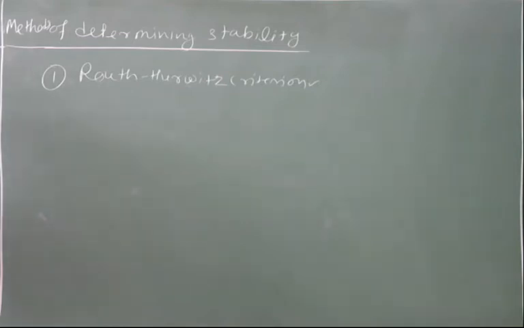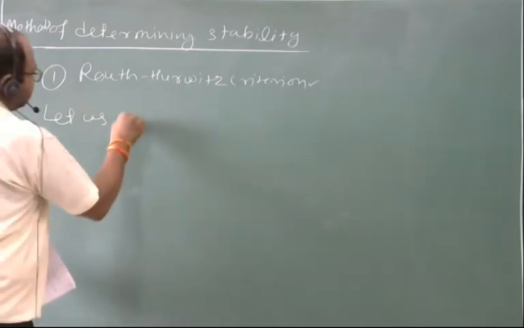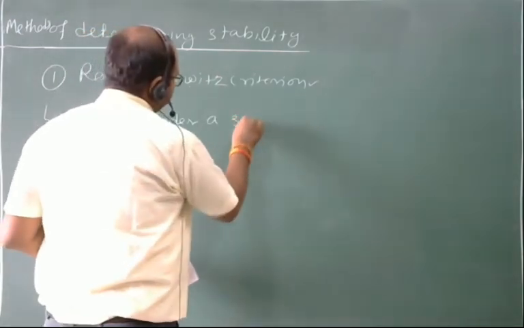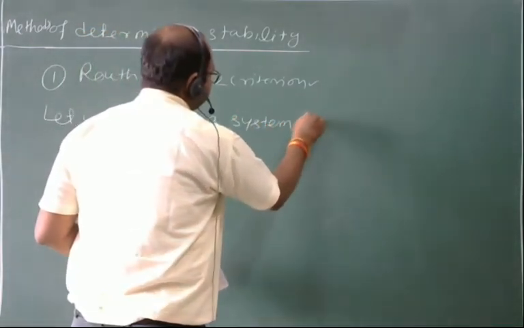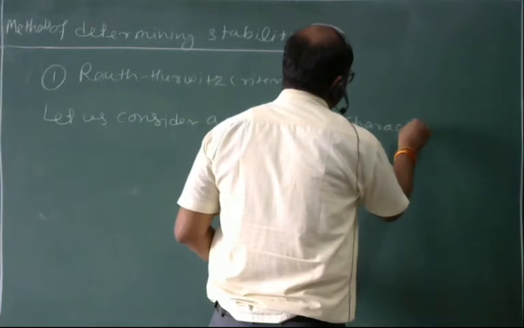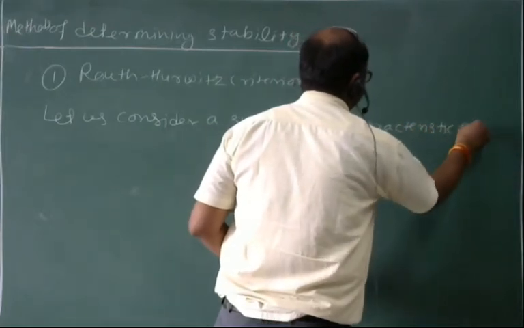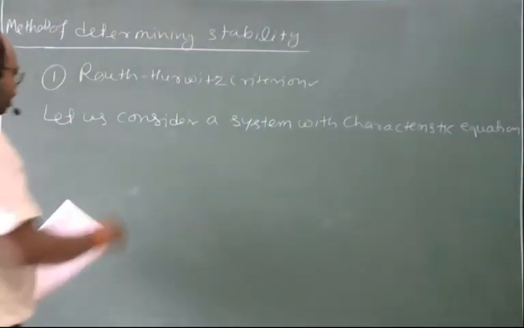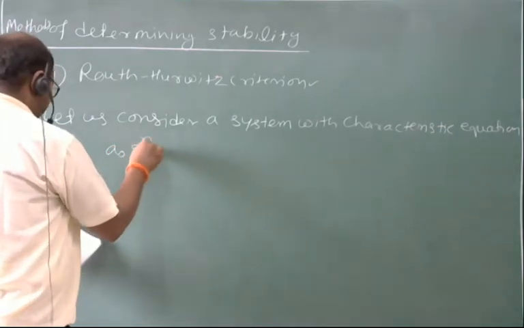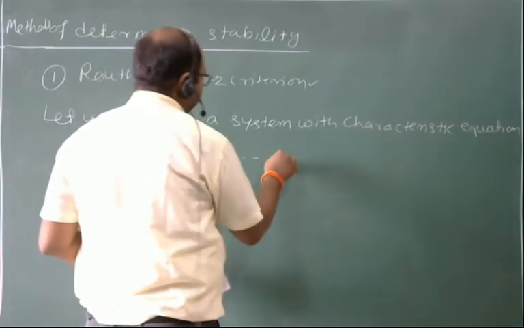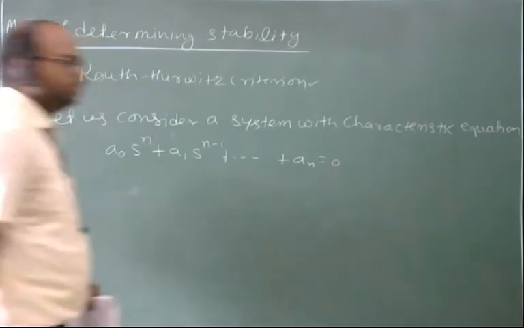Let us consider a system with characteristic equation like a naught s raised to n plus a1 s raised to n minus 1 plus dot dot plus an is equal to 0.